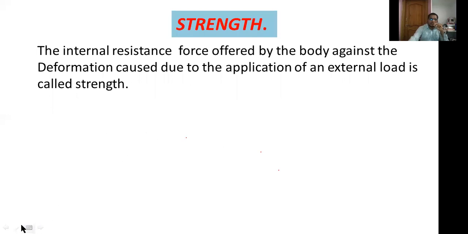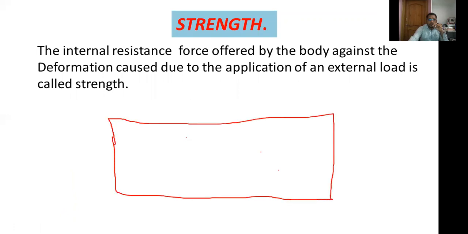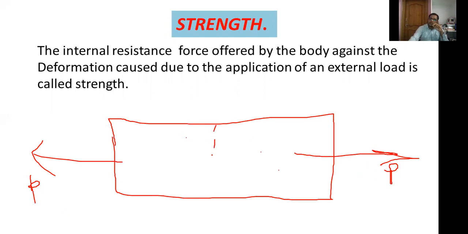Here also I am explaining with the diagram. When you are applying a load on an object, when you are increasing the load on the object, then the body will develop internal resistance force.